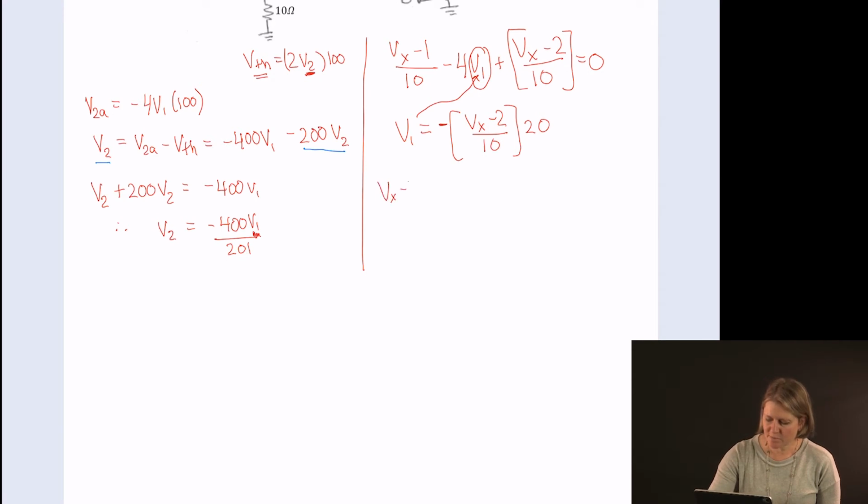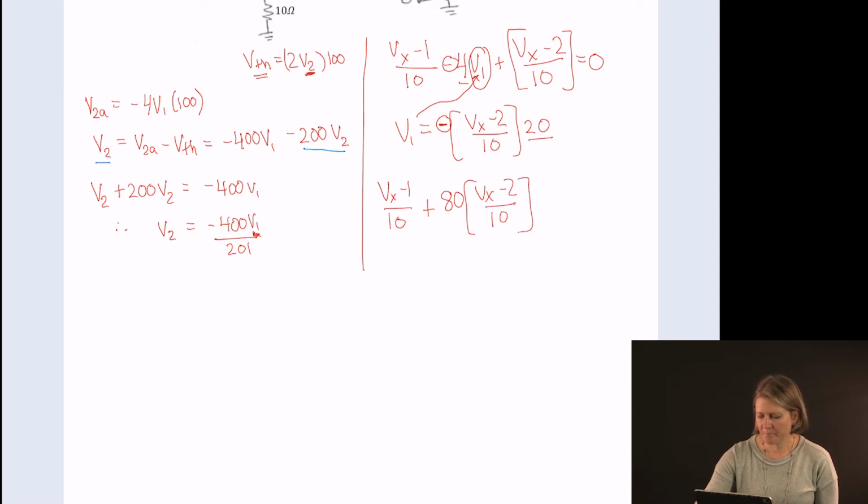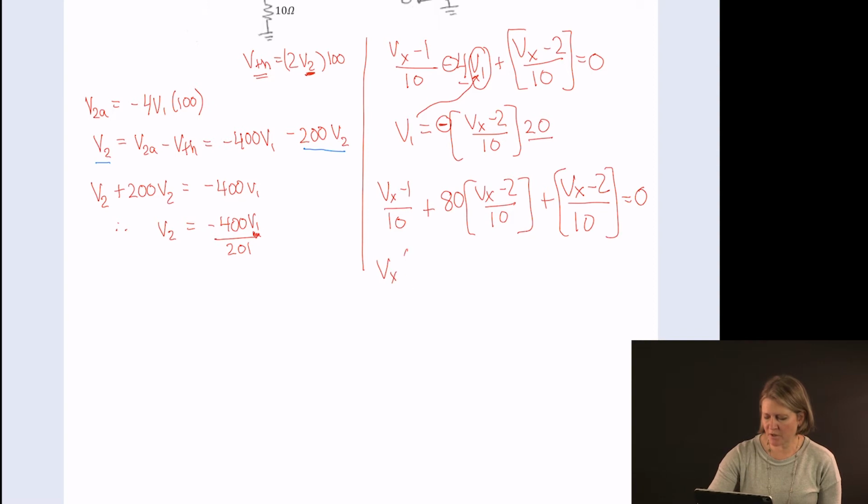So Vx minus 1 over 10. Now a minus and a minus becomes a plus. And I have 4 times 20, so I'm going to call that 80. Vx minus 2 over 10. Plus the last term. And now I'm going to combine all of the Vx's.